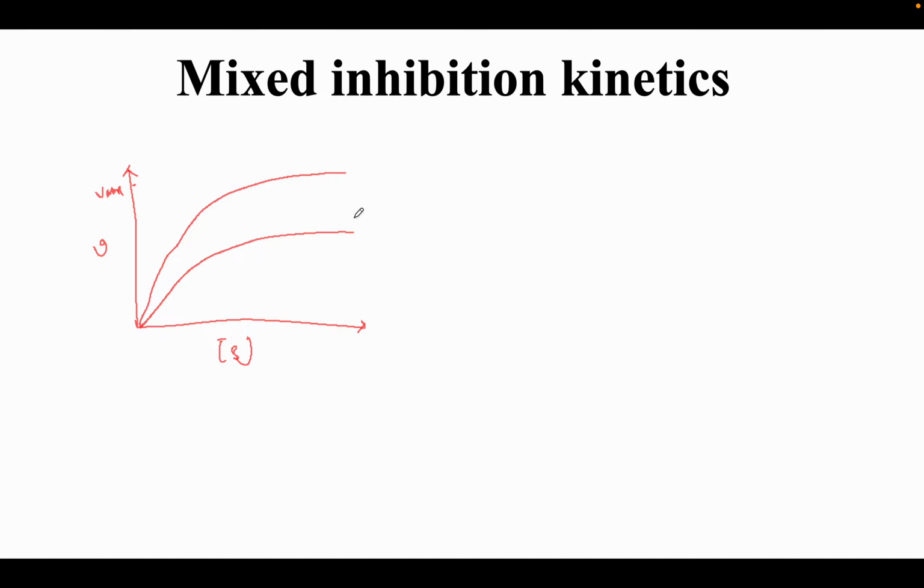So how will the graph look? This is V0 upon substrate. Now Vmax will also be affected here. The Vmax will decrease.